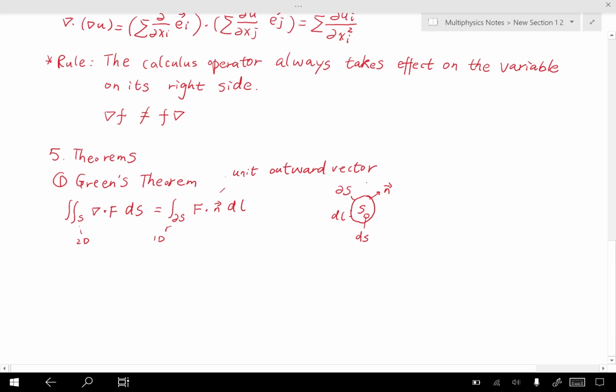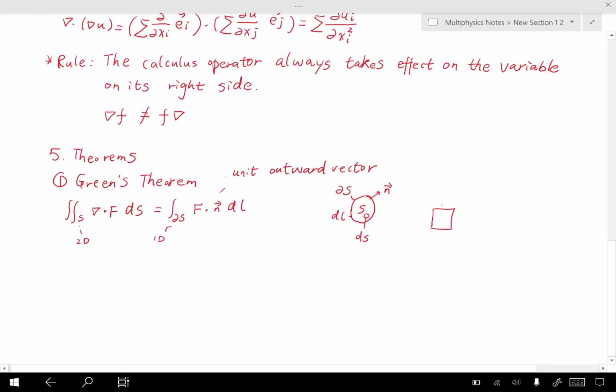So if F, for example, is a vector that moves around, then if we do this, we want to say how much F we have along this N direction.